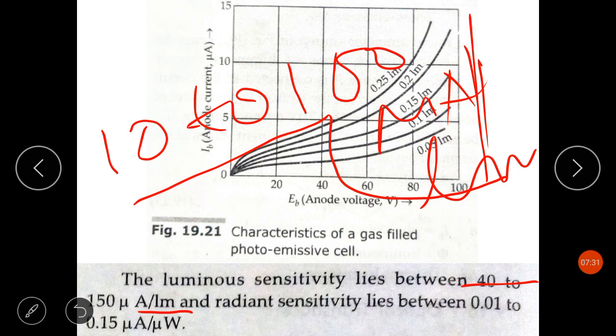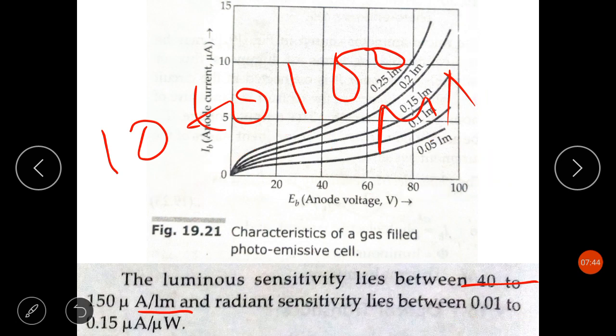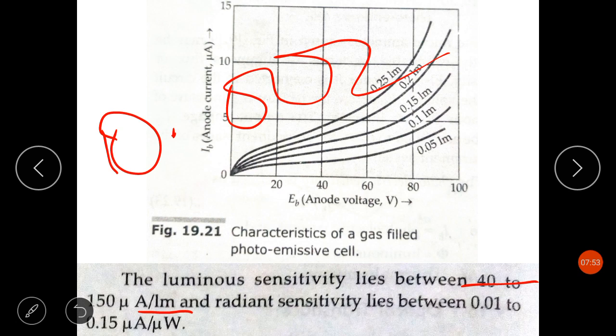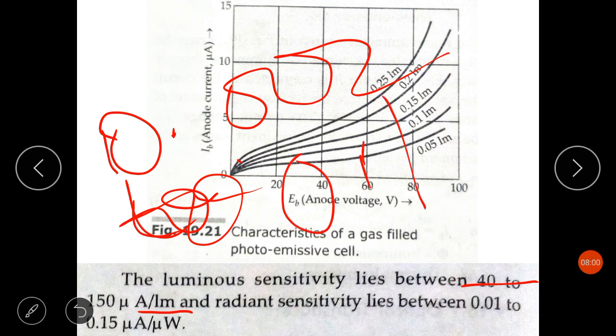This is the luminous sensitivity, and the radiant sensitivity will also get increased, lying between 0.01 to 0.15 microampere per microwatt. Initially for the vacuum type photoemissive cell, it was 0.0022 to 0.1 microampere per microwatt.